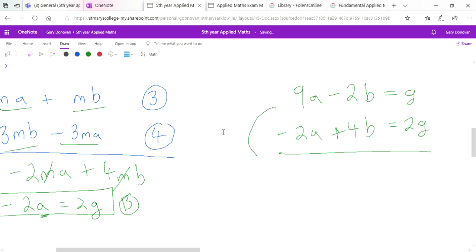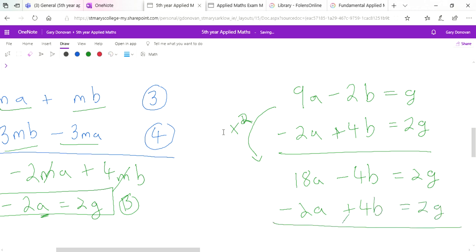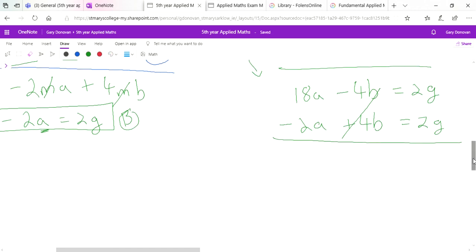So I'll multiply the first equation by 2, and we get, sorry, that's really messy, 18a minus 4b equals 2g. And our next equation is going to be minus 2a plus 4b equals 2g. Those equations add together. The b's cancel, and we're left with 16a equals 4g.